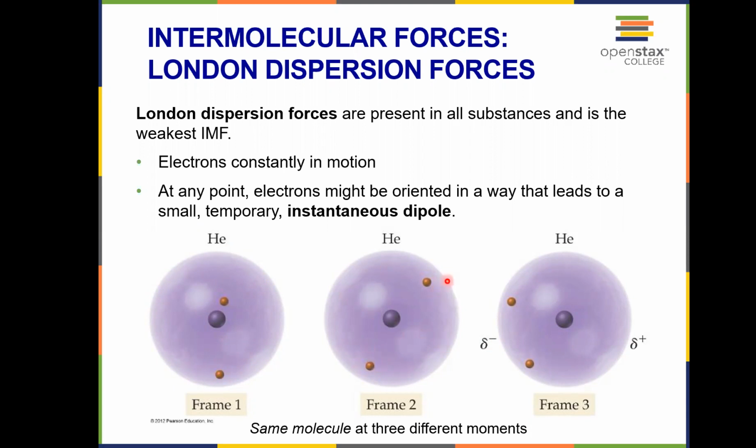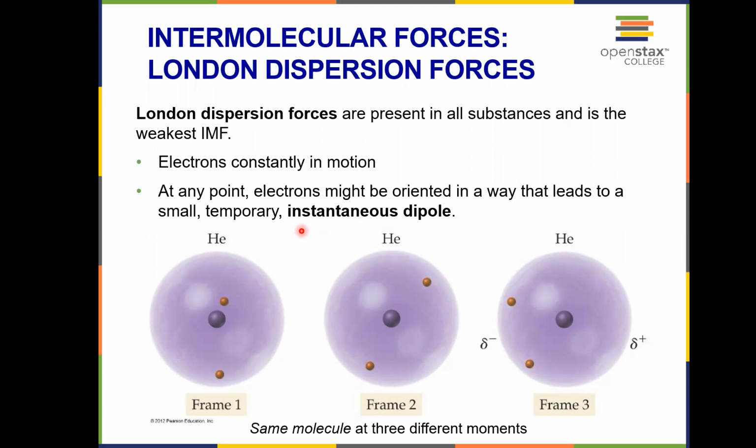These electrons are somewhere in this orbital. Picture three, well, yeah, also these electrons are somewhere in this orbital. But in this third picture, we have an abundance of negative charge on the left side of our atom and an abundance of positive charge at the nucleus or on the right side of our atom. This is a partial negative charge on the left and a partial positive charge on the right.